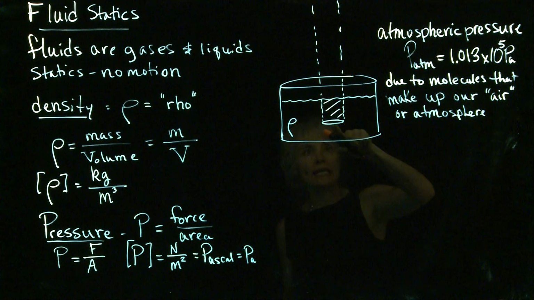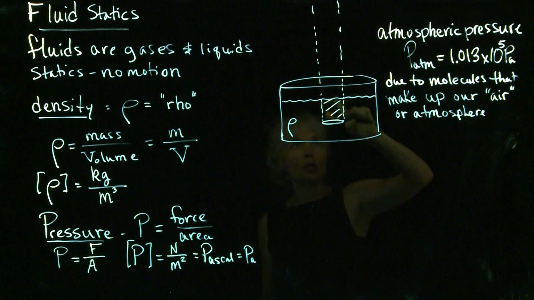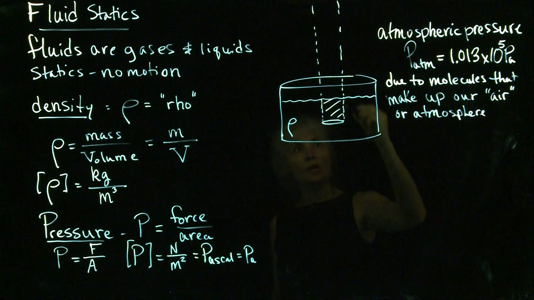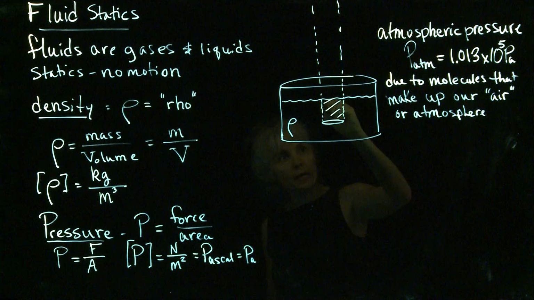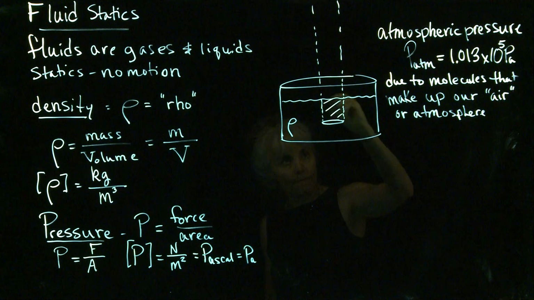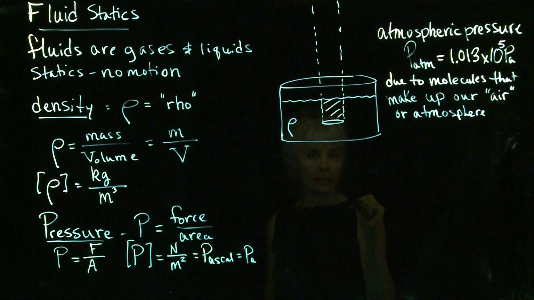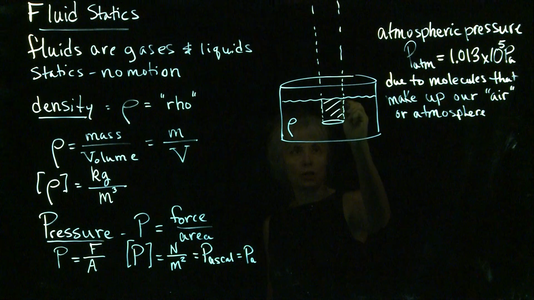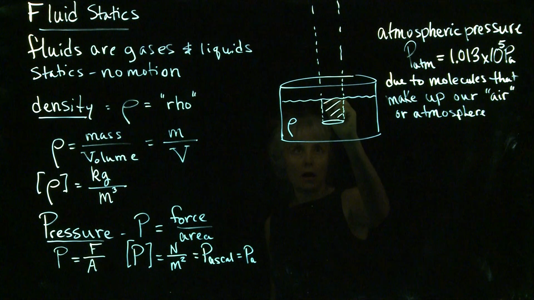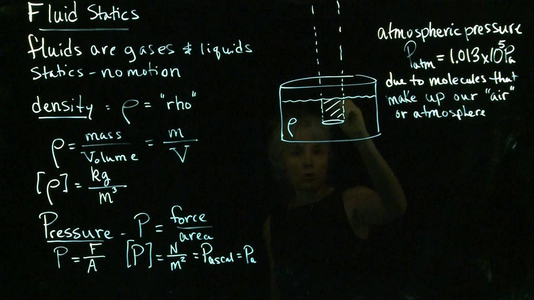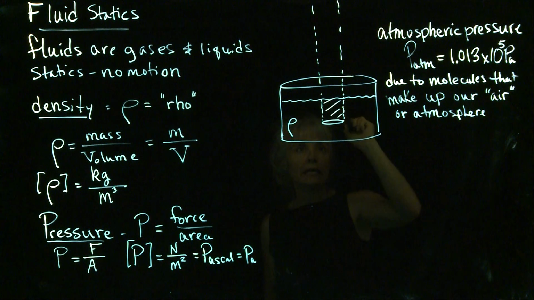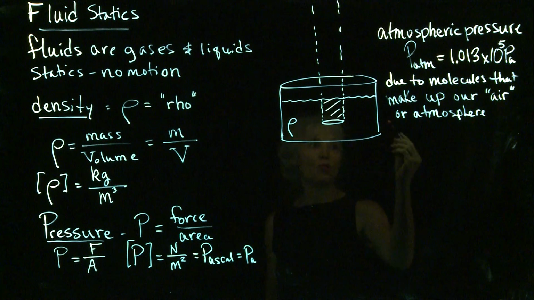Notice this penny is supporting this column of molecules that make up our atmosphere, but it is also supporting this column of liquid that I have further submerged the penny in. The pressure due to this column of molecules that are the further submersion of this penny is called gauge pressure.